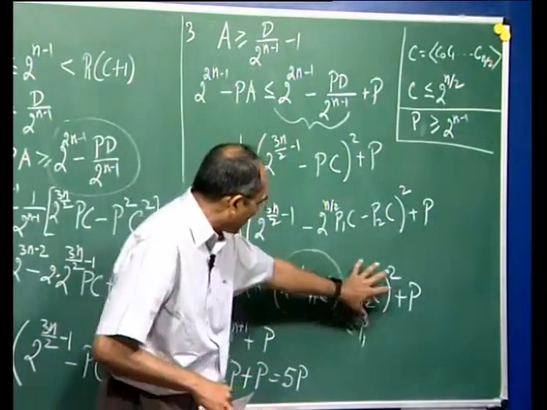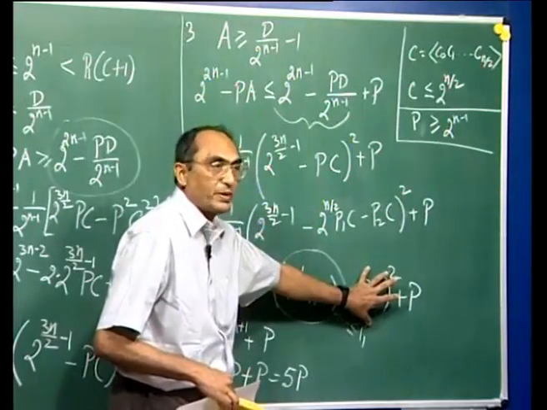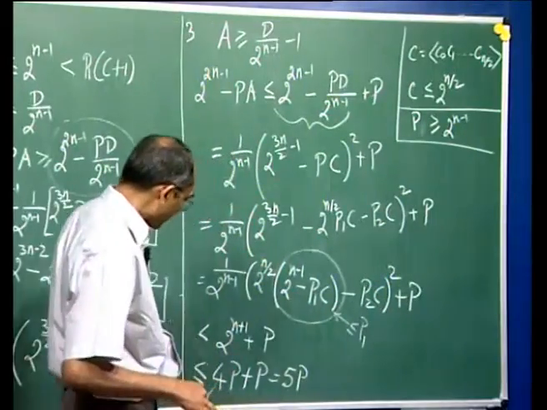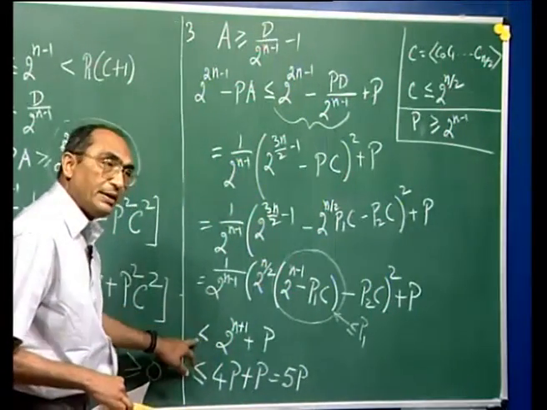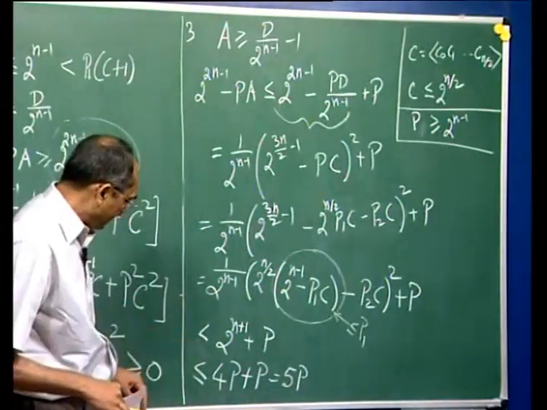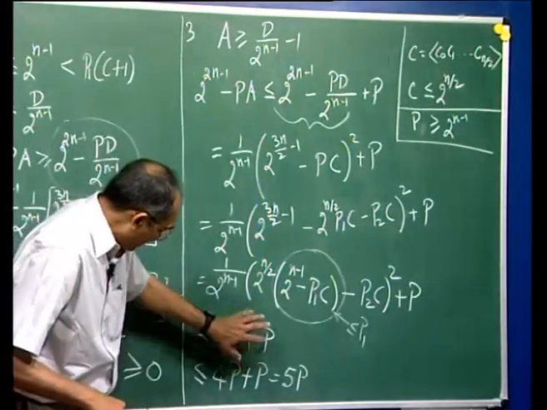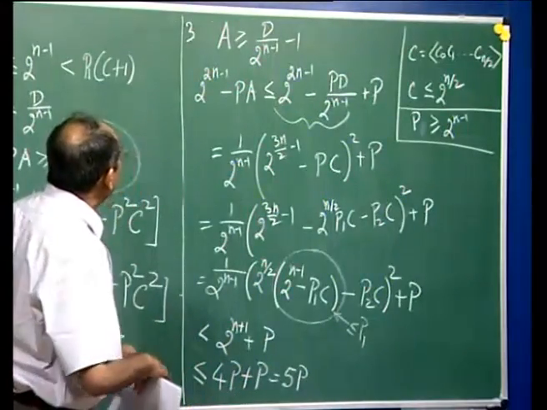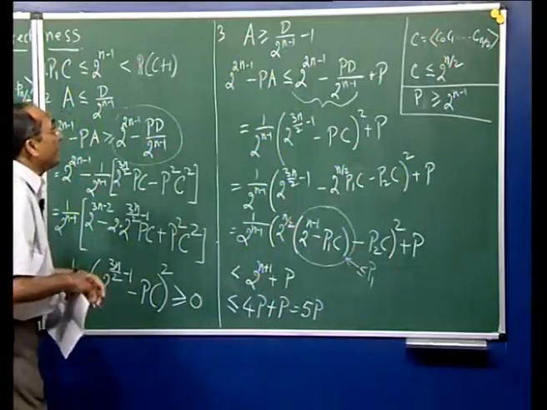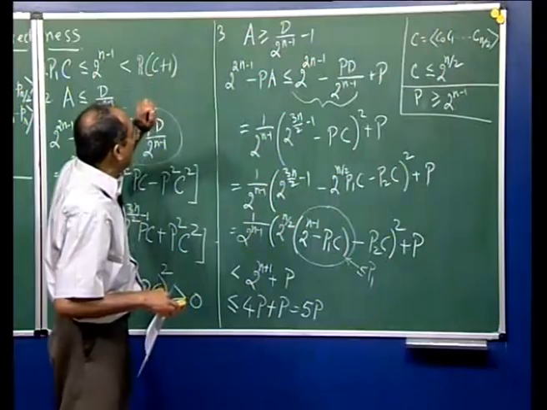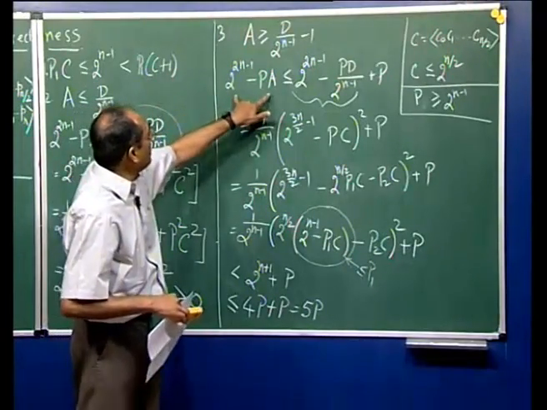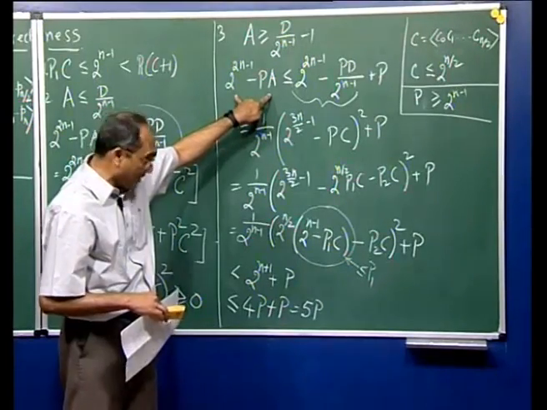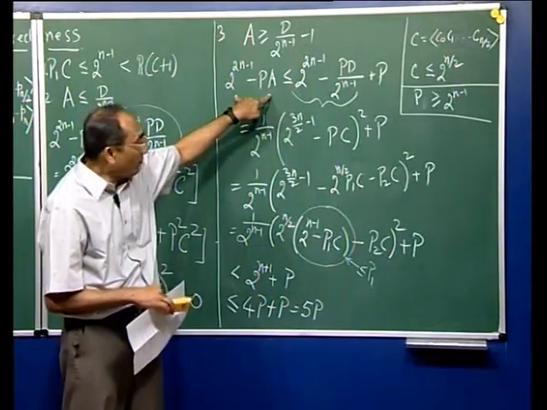So, both these terms were strictly less than 2 to the power n, and the difference also is strictly less than 2 to the power n. So, we can actually put in a strong inequality here. So, what we have concluded is that instead of this quantity being less than or equal to p, we are able to show it is strictly less than 5p, or less than or equal to 4p.